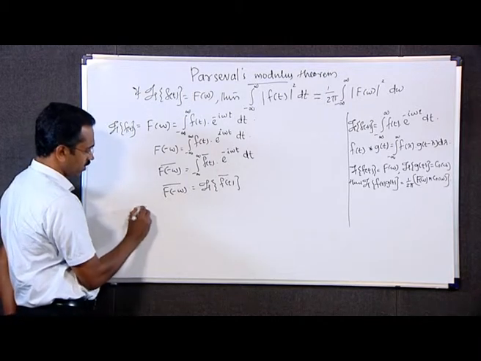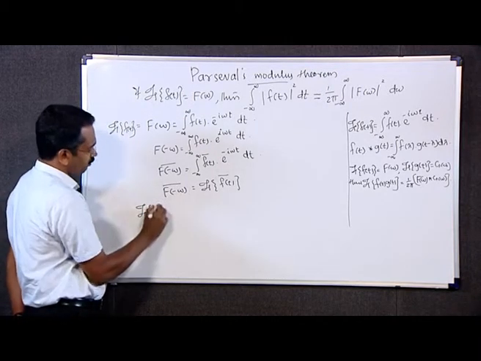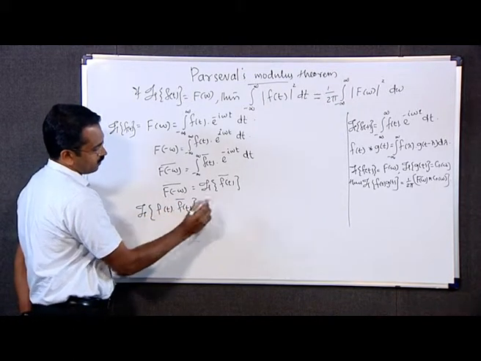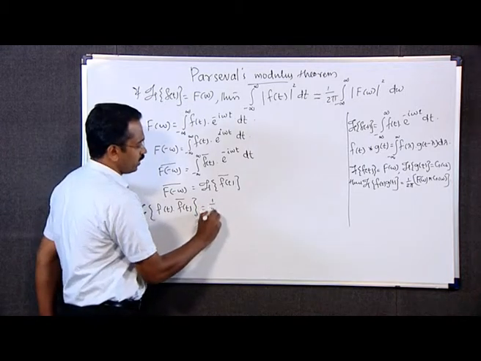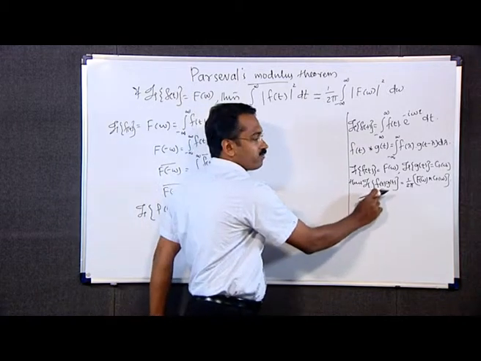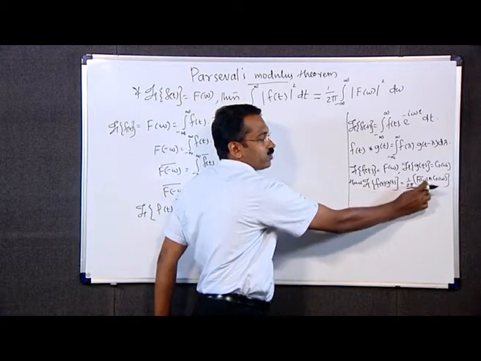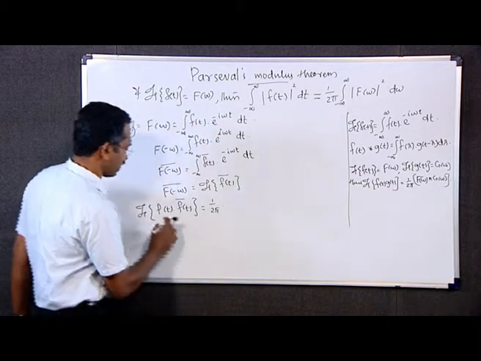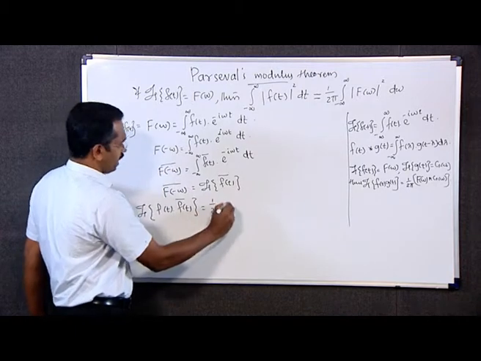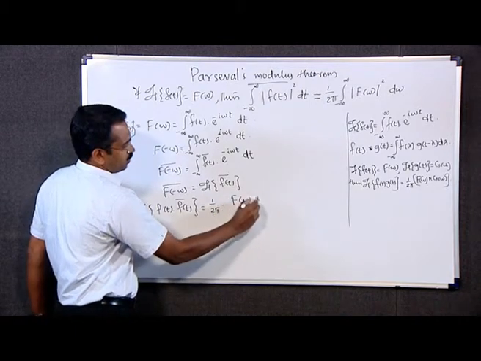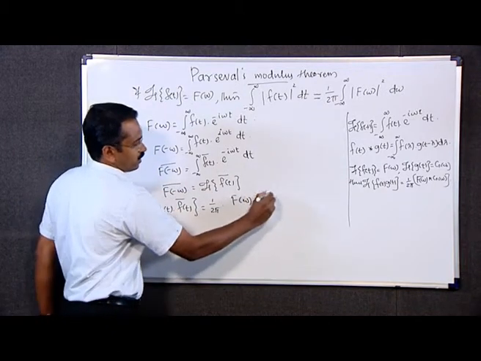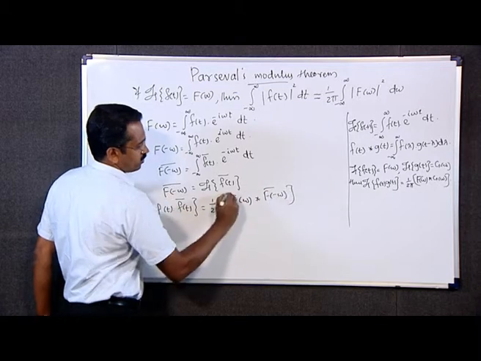Then we can write the Fourier transform of f of t into f of t conjugate as 1 by 2 pi into, this is the property, Fourier transform of a product is 1 by 2 pi into the convolution of the corresponding Fourier transforms. Therefore, we can write here 1 by 2 pi into F of omega convolution F of minus omega conjugate.